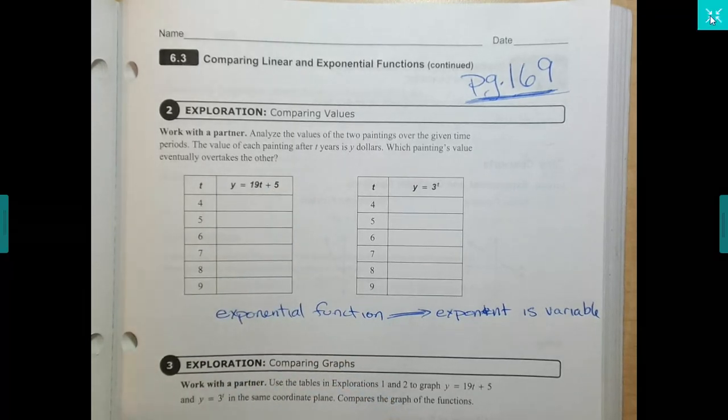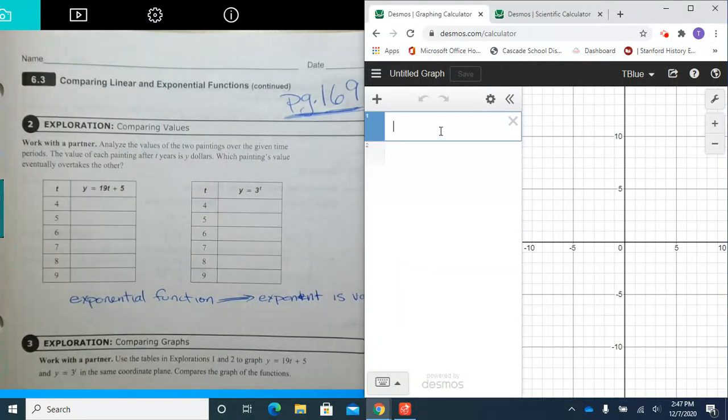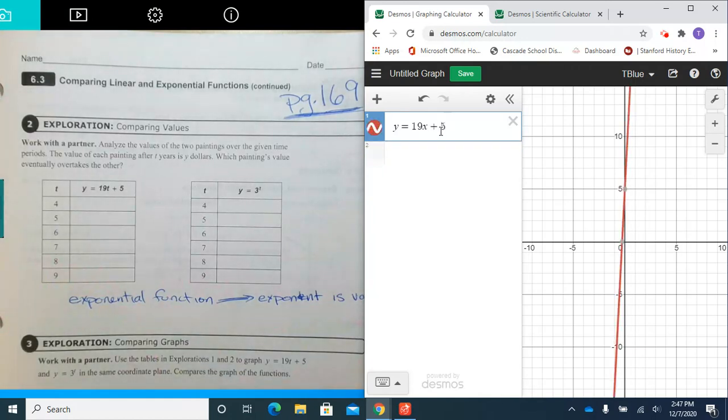And so we can actually double check both of those right here. We're going to use x instead of t, just because that's what the calculator recognizes. So there is our linear function, y equals 19x plus 5.